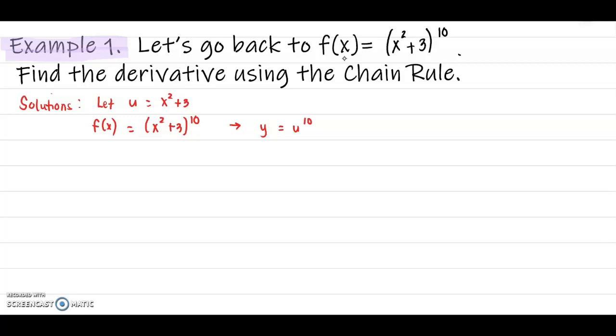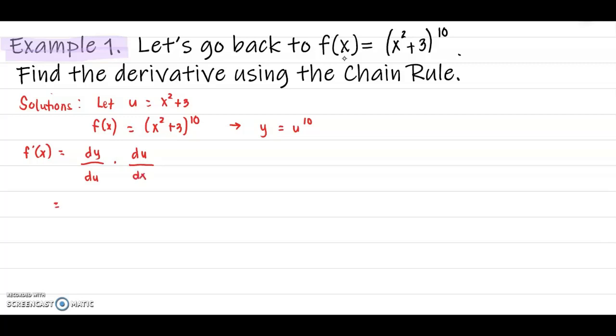Following Leibniz's differential notation, f'(x) is equal to the derivative of y with respect to u times the derivative of u with respect to x.